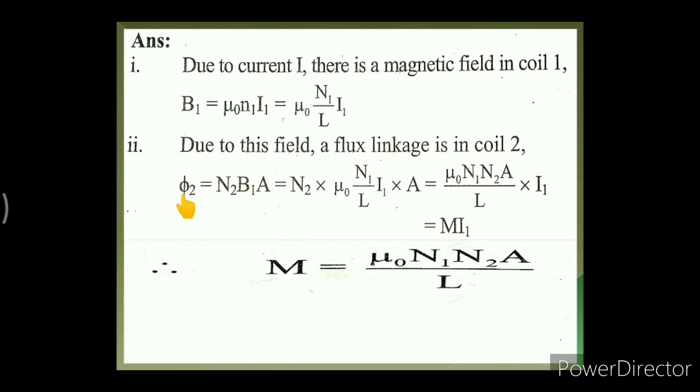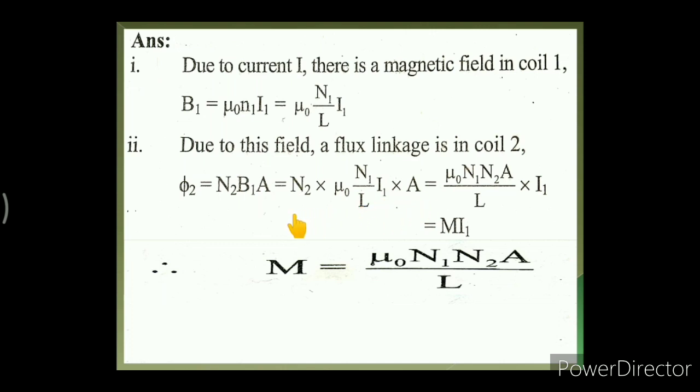That's why phi 2 is written as N2 B1 A. Substituting the value of B1, mu 0 N1 I1 upon L, phi 2 comes as N2 into mu 0 N1 I1 upon L into A.